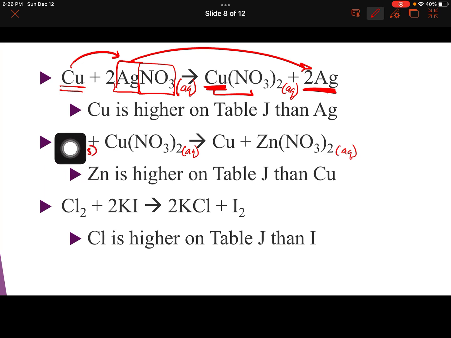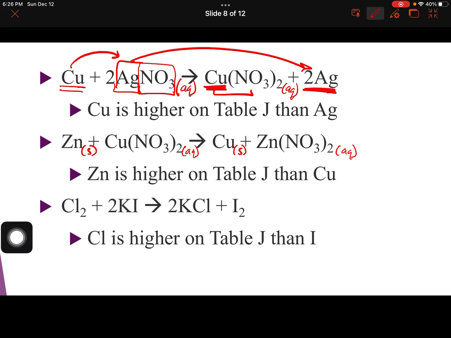What would happen is the zinc would turn into ions and float around with the nitrate, and the copper ions that were floating around would turn back into copper metal, and you would actually see that reddish-brown metal. I will show you a demonstration, not this exact one, but something very similar, because it's pretty cool. You can see it very easily.